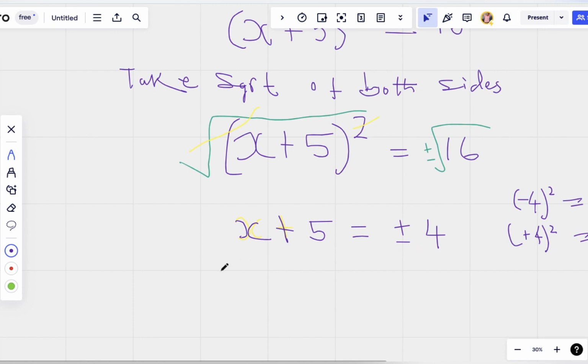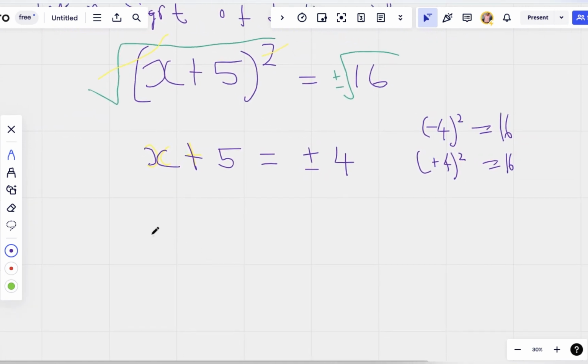Now the next step, in order to find two answers for quadratic, you know in quadratic you must get two answers. So the next step is to say x equal to, you move 5 to the right. If you move 5 here, it becomes minus 5. So I'm going to have plus minus 4 minus 5.